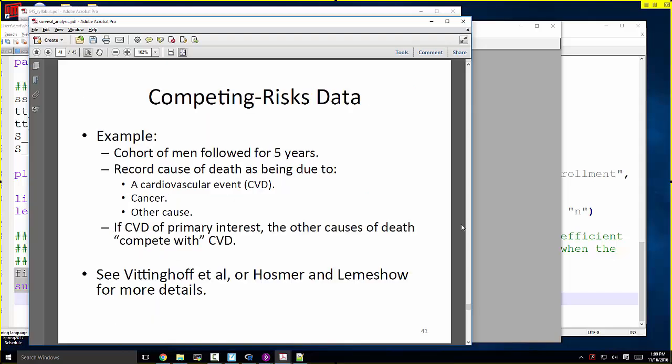A final technical challenge with doing survival data is something that came up in a previous lecture. Somebody asked about it in class. What if we're, for example, following individuals for death from AIDS? So we have people who are HIV positive who have AIDS, and we're following them to see what is the survival time.